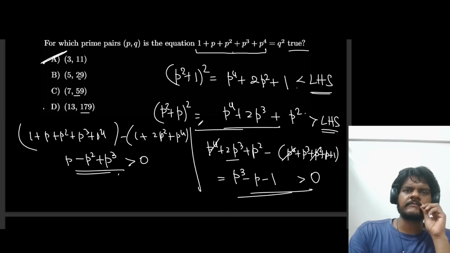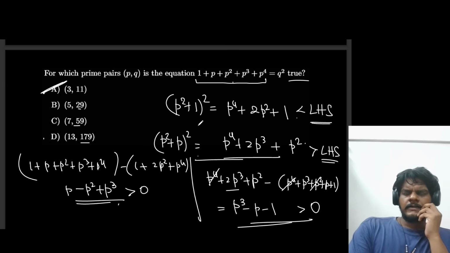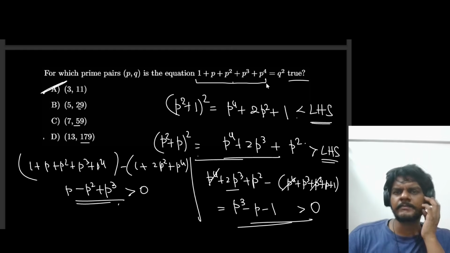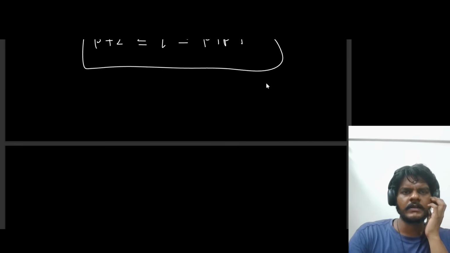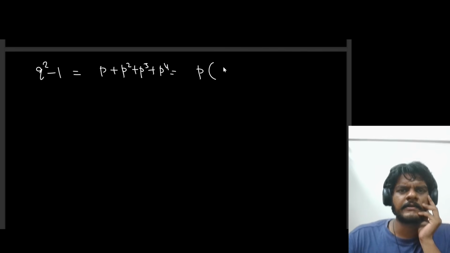What else can we say about this? Look at it. If I do q² − 1, so if I write q² − 1, that will be equal to p + p² + p³ + p⁴. I can take p common: p(1 + p + p² + p³).